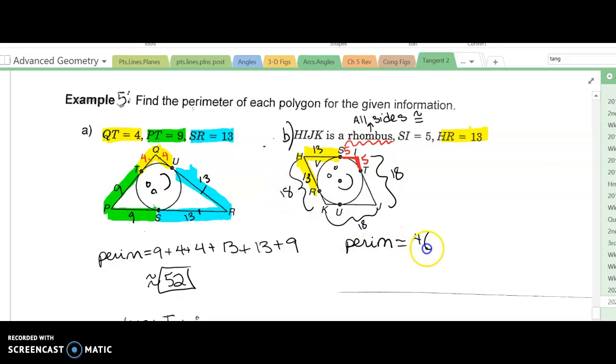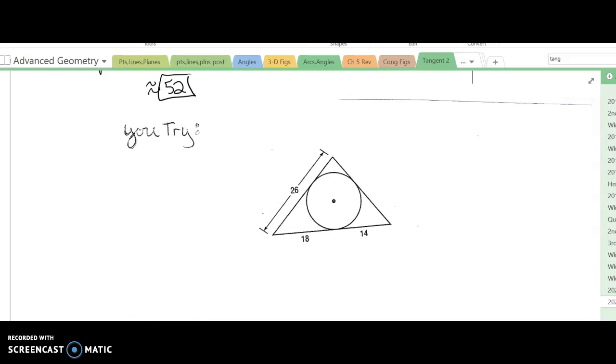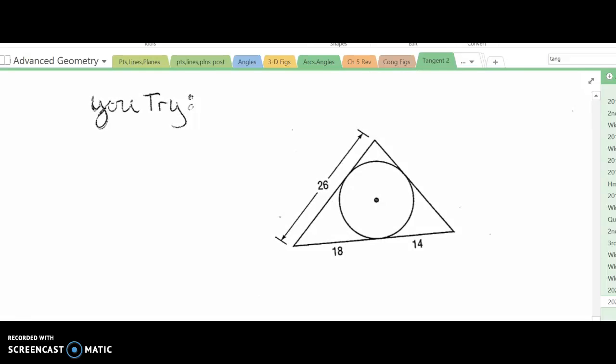So we have 4 times 18 gives us 72. Oops, not degrees, misspoke.